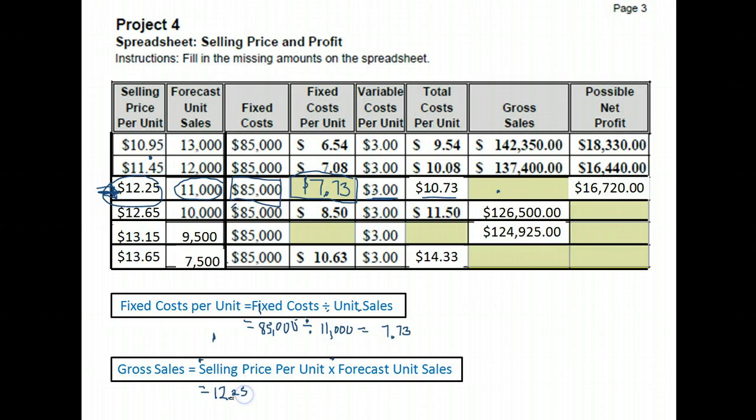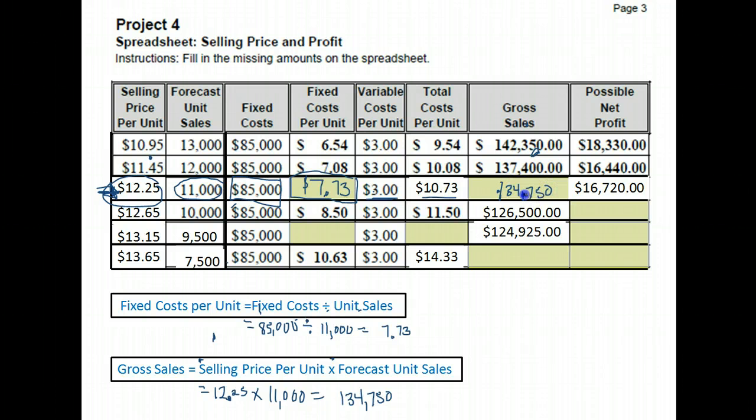So we're going to take $12.25 times the forecasted unit sales. They forecast to sell 11,000. So before they take out costs, this is their gross sales, and it comes out to 134,750.